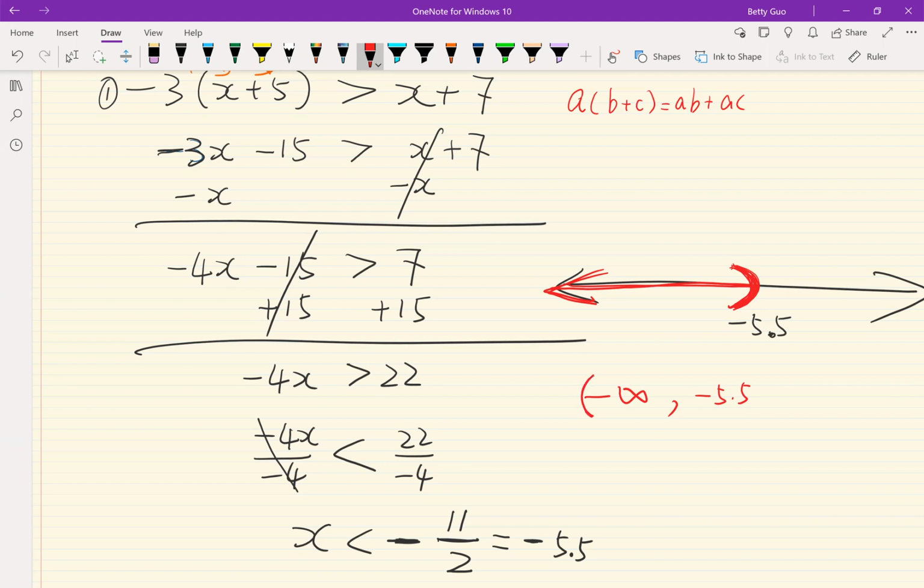Parentheses frame infinity. At negative 5.5, we use parentheses when we graph the solution set, right? Same thing here, use parentheses to frame the right endpoint, because the right endpoint is not included, it's not a solution. So you should choose this as your answer, okay?